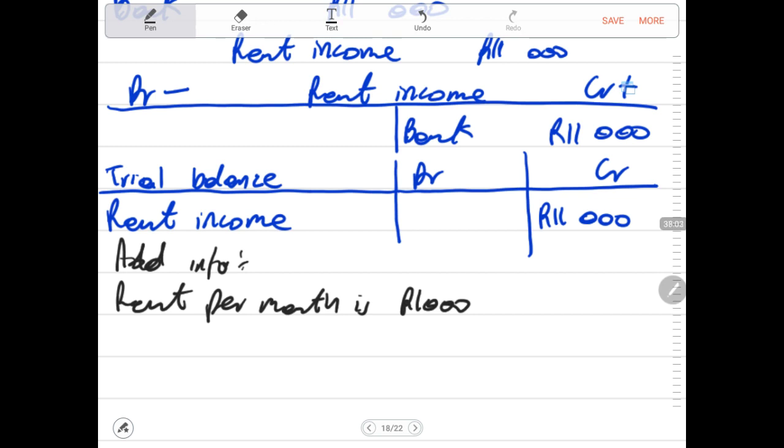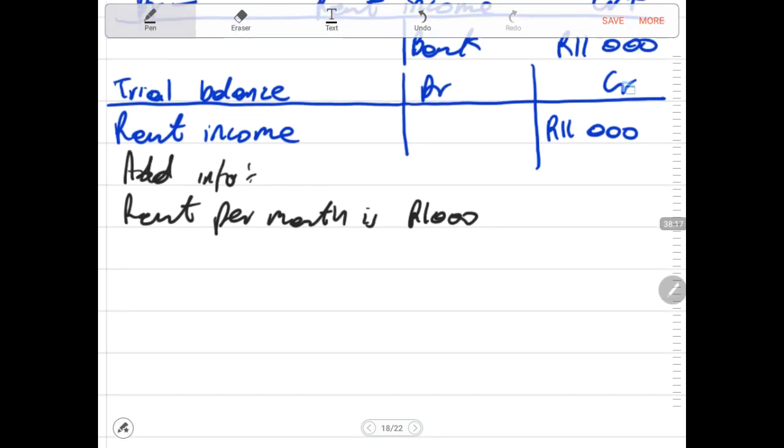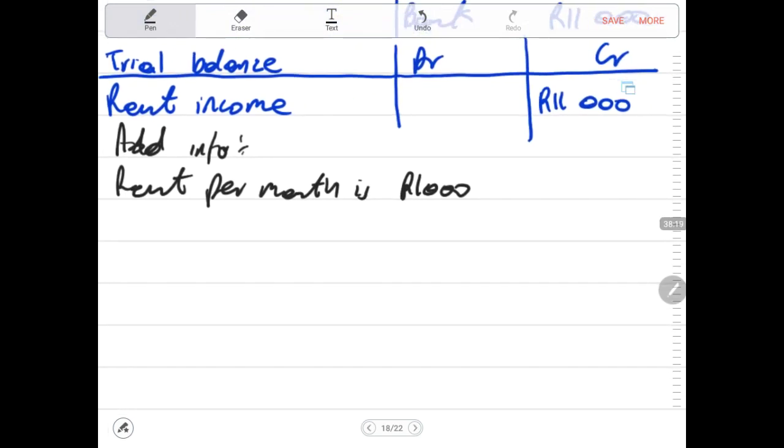That means we already know that this is accrued. That means rent not yet received. Remember, the word accrued means not yet. It could be not yet received in the case of the income, or not yet paid in the case of the expense.